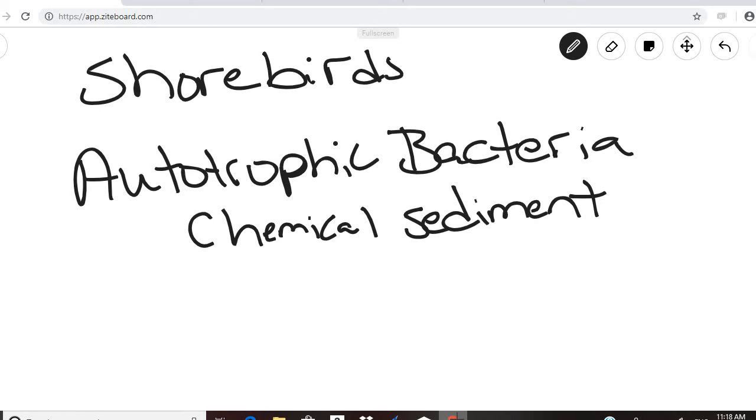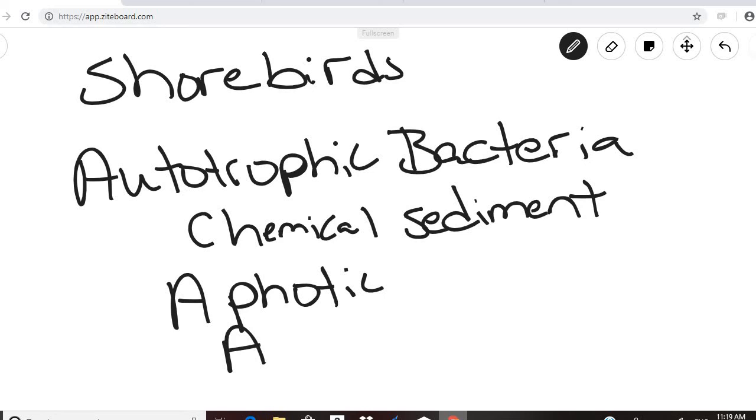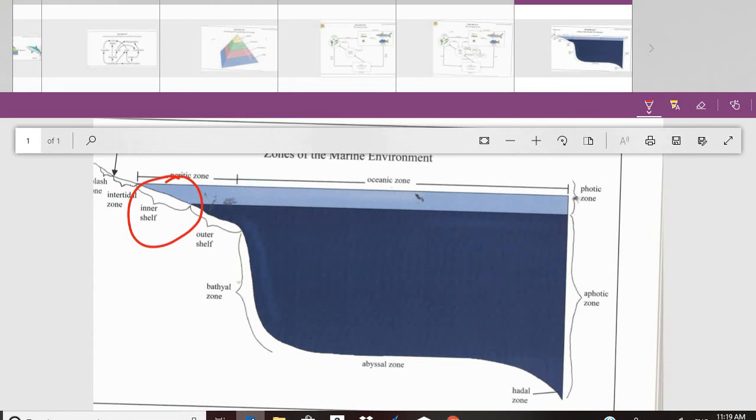Well, you would find it on the ocean bottom, so you would find it in an aphotic region, and so you would find these in the abyssal plain. Okay, so again, looking at our figure, they would be here, and anywhere in this aphotic region, although probably not in the trenches, but in the abyssal area. Okay, I guess that's all for that.